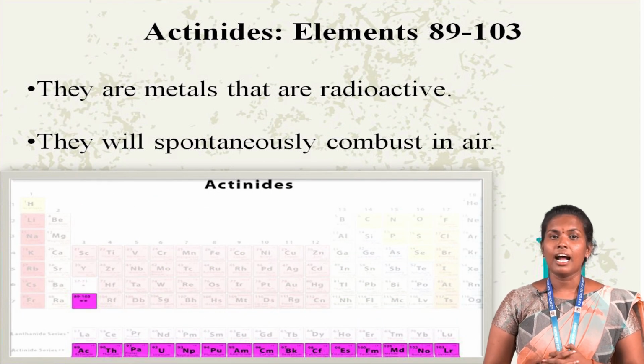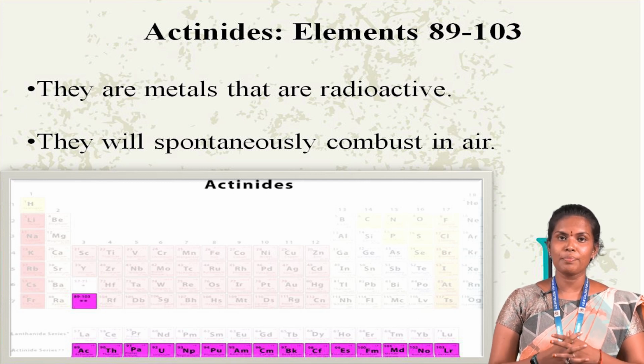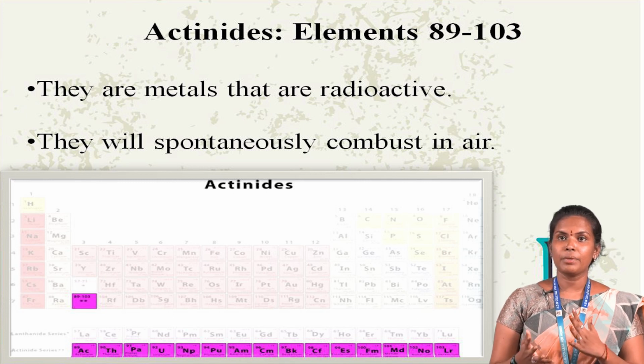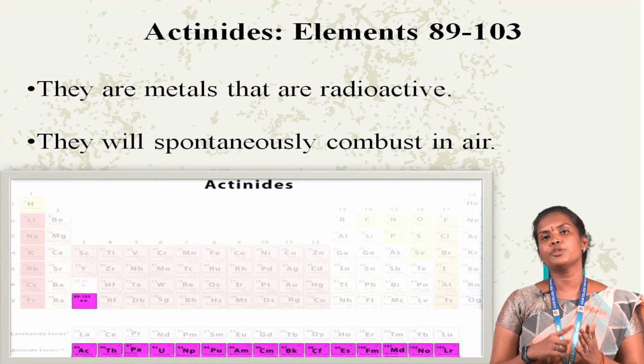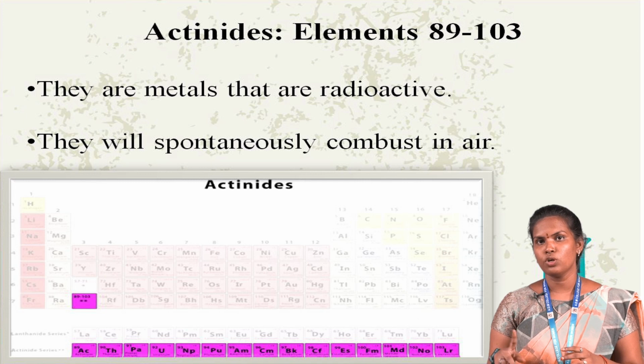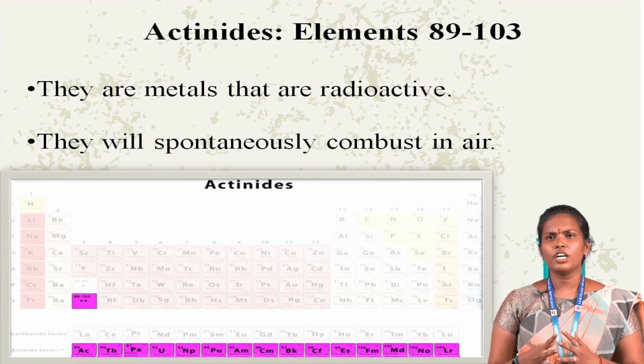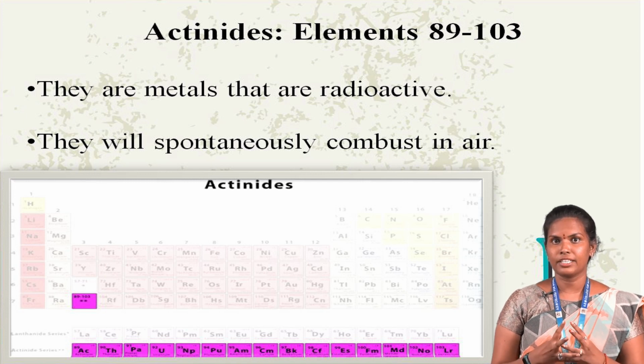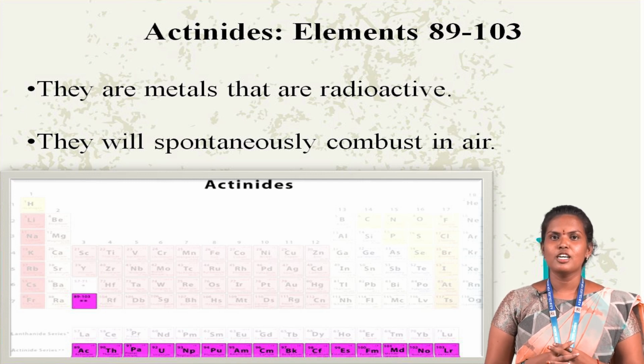Actinides. Actinide series encompasses the 15 metallic chemical elements with atomic numbers from 89 to 103. They are metals that are radioactive. They will spontaneously combust in air.